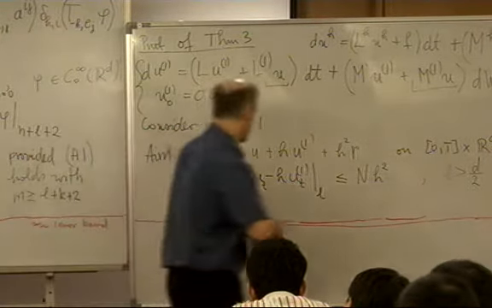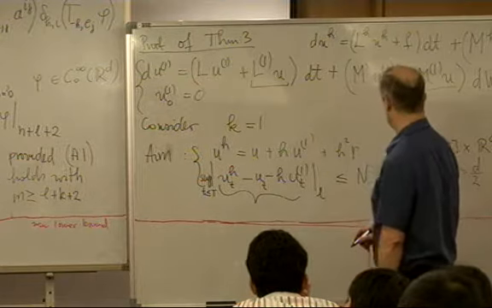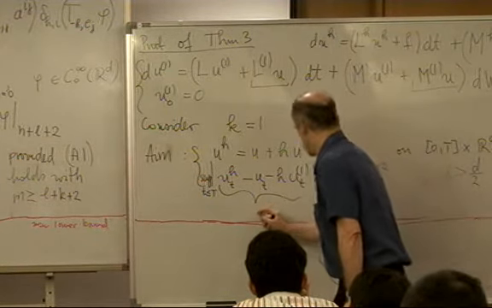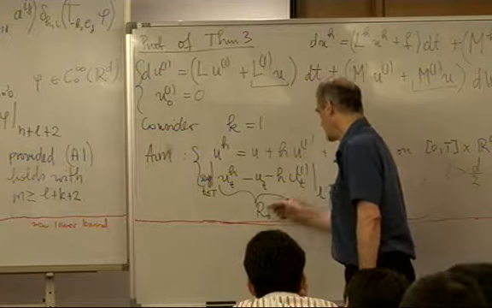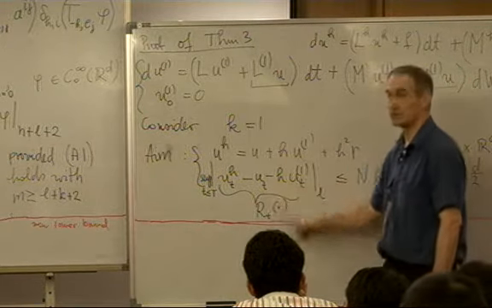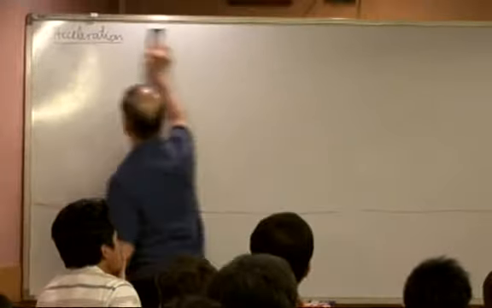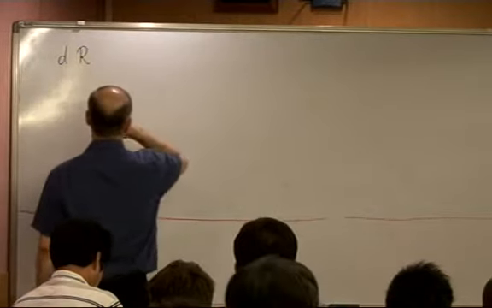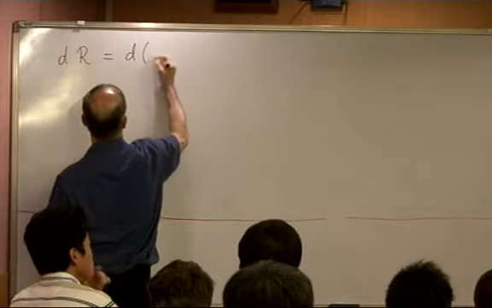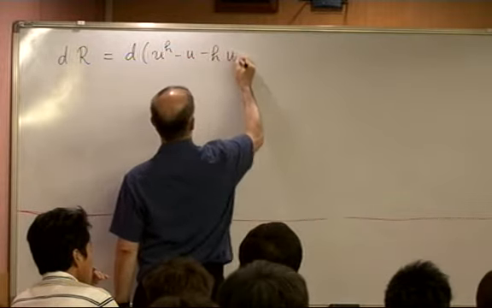So then, for the function we are interested in, let me denote it by capital R, depending on T, on X, and also on H. So let us write down an equation for the capital R. Then dR, which is the d of UH minus U minus H U1.